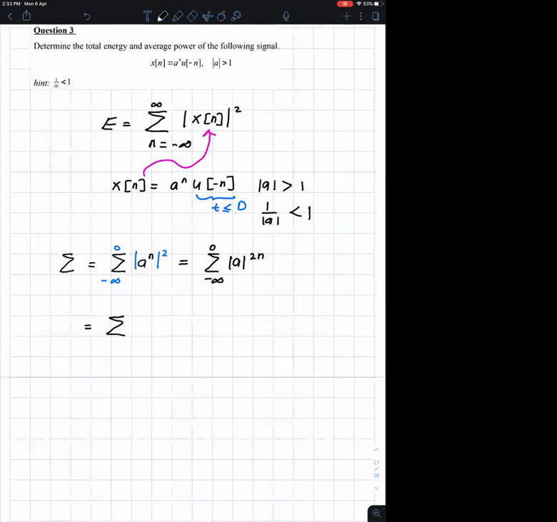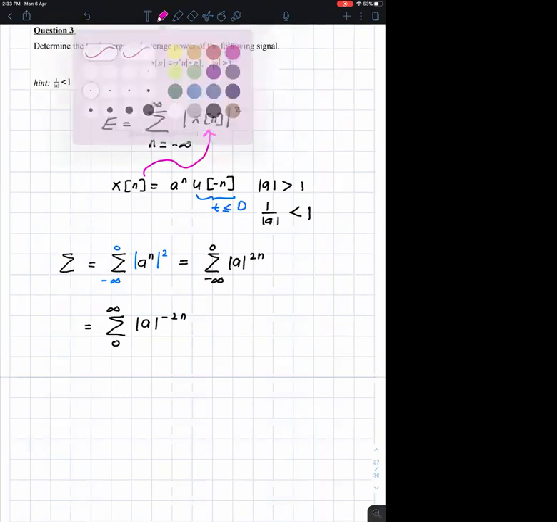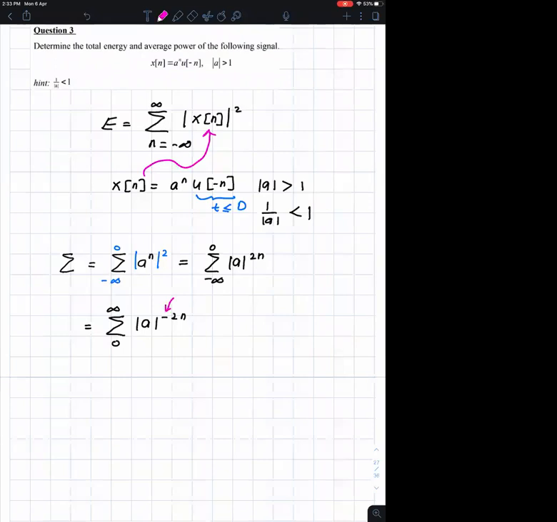Okay, now it is possible to change this to minus 2n. By doing that, if I reverse what I do, I can change this limit from 0 to infinity. Because I'm having a change of sign here, I change this sign, and then I change this sign.